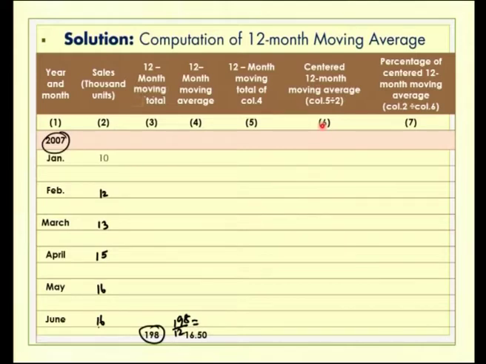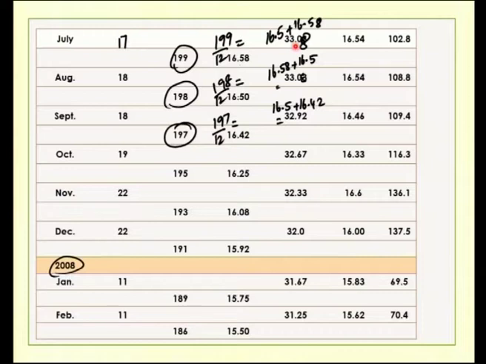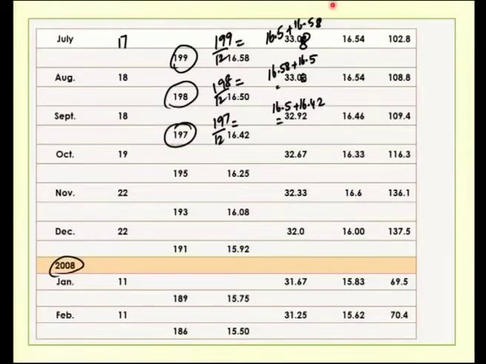Now, what does this tabular column stand for? The next tabular column, column 6, is the centered 12-month moving average. That is what is called centering. Centering in the sense it should be representing some month or some quarter or some year. So, the centered 12-month moving average is column 5 divided by 2, because whatever value you have, 33.08, is obtained by adding 2 values. So, the average will be taken as the total value divided by 2.